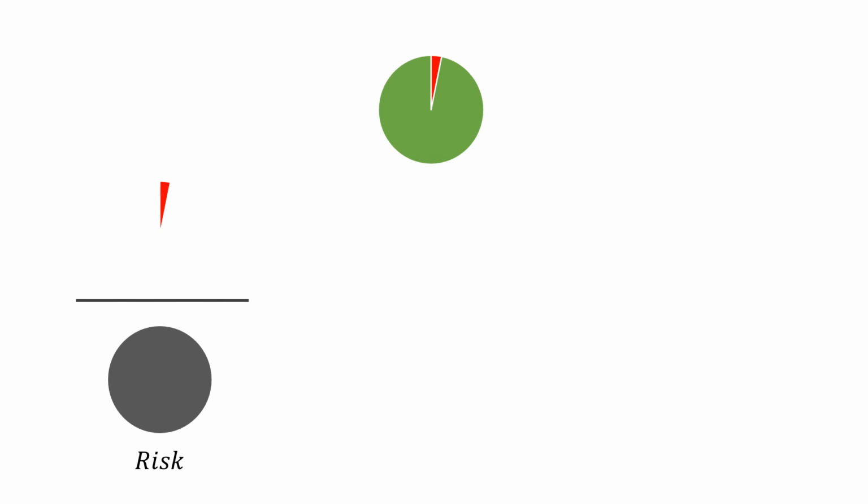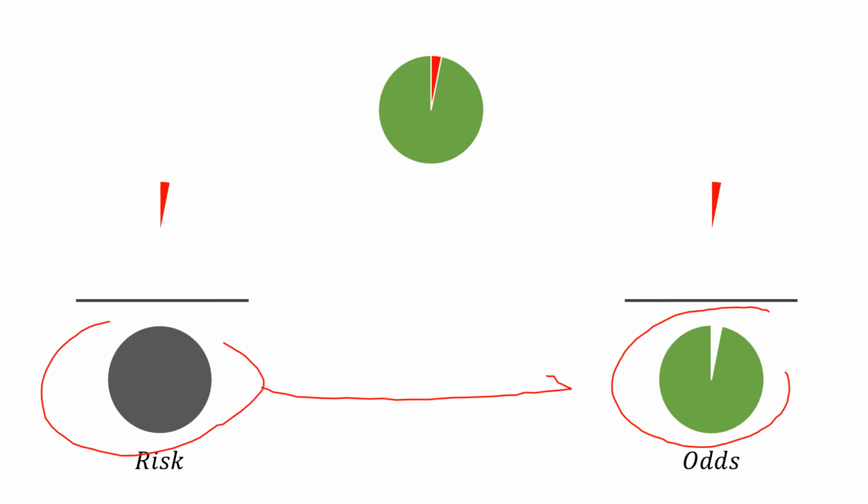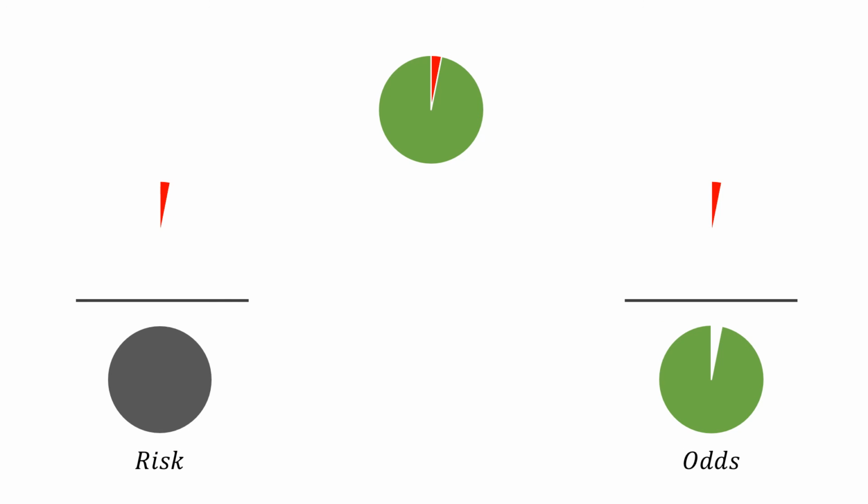But if we want to calculate the odds, we will divide the number of cases by the number of non-cases, right? So notice that when the disease is rare, the denominator of these two is very similar. It's not very different. If the diseased people were having more of a chunk of the population, then we would have a completely different denominator in these two examples, you see? But because the disease is rare, the outcome of these two calculations would be similar.